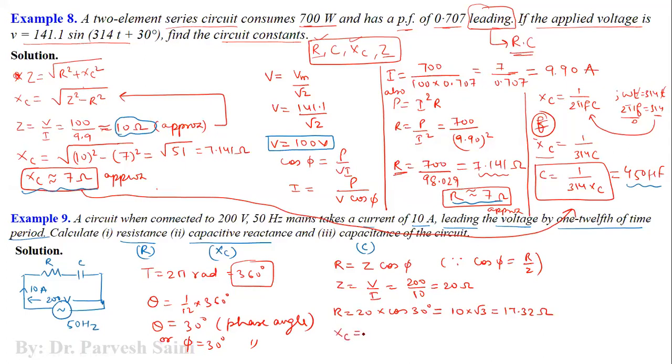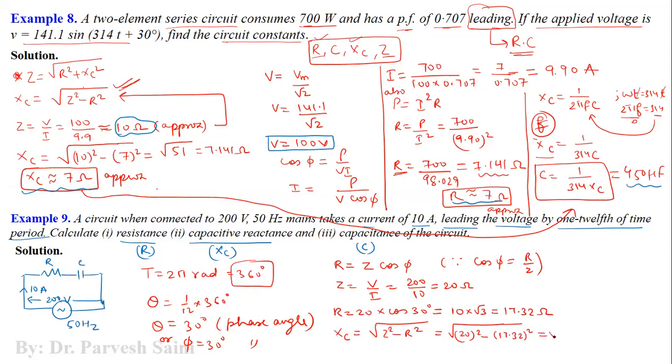Now, Xc can be obtained by using this particular formula. So it is Z square minus R square. Let us see how much is the value. So it is 20 square minus 17.32 square.